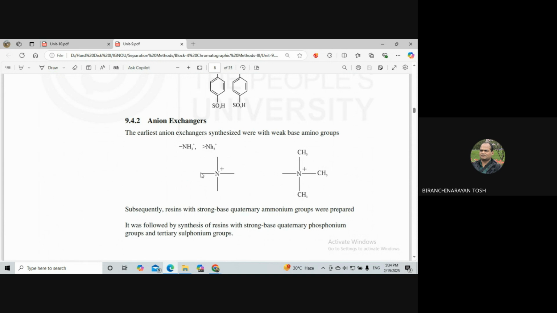NH3+ means one bond is linked to the resin or the main chain. So this is, the valency of nitrogen is 3 but as 4 groups are attached, it is NH3+. This is hydrogen, these 3, and one is for the main chain. So it is ammonium, or here NH2+, 2 side chains will be there. So these are the weak base amino groups.